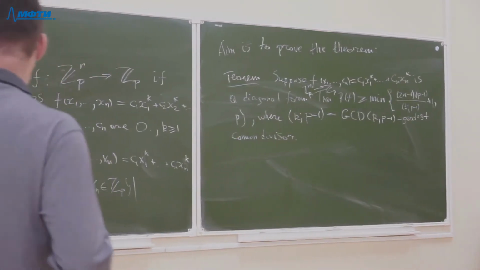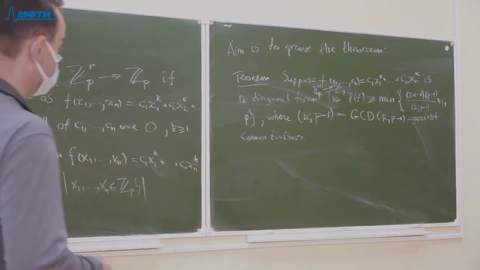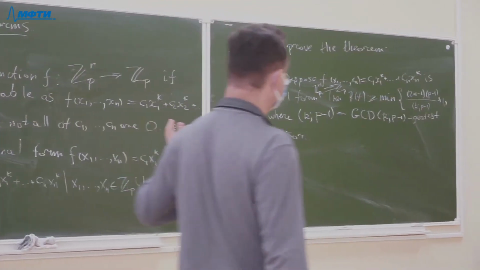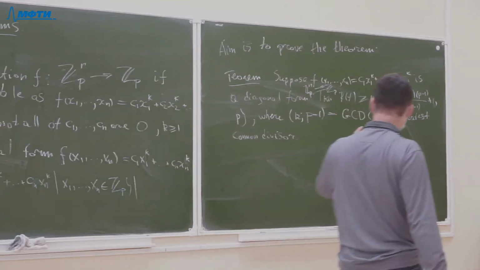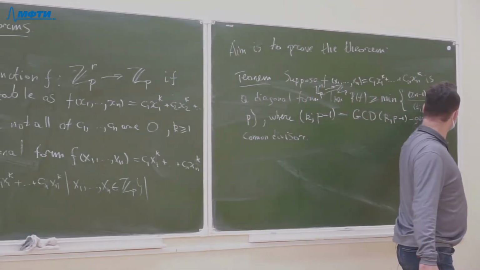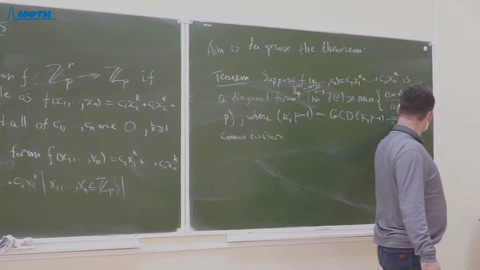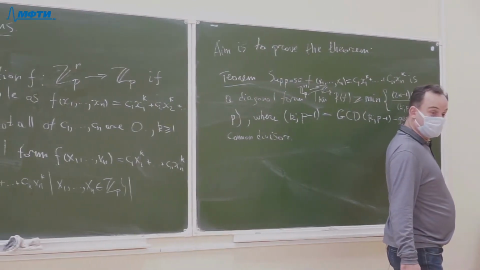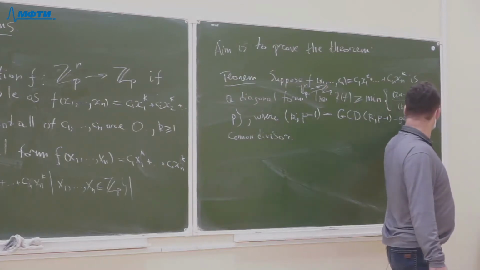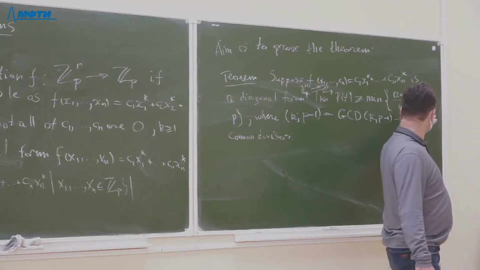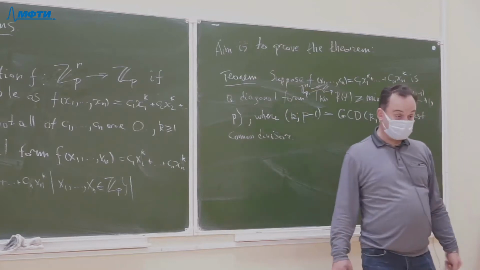Yes, it's cardinality. Well, we need the GCD because we need this to be a divisor of p minus 1. So this is a whole number because the GCD of k and p minus 1 divides p minus 1.